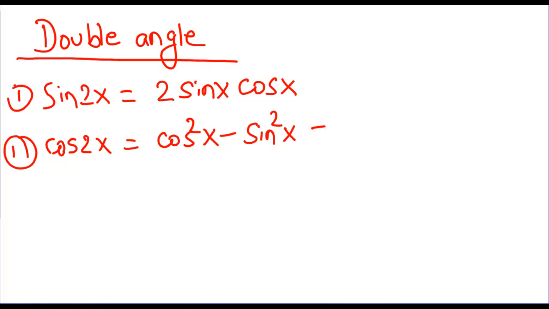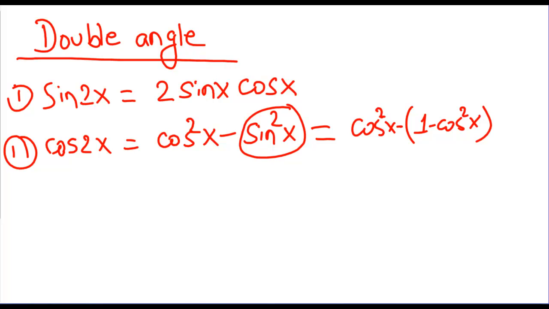Now I could plug in for sine square, which we just did a moment ago. Cosine square x minus, now for sine square I could plug in 1 minus cosine square x, the one that we got from the Pythagorean identities.